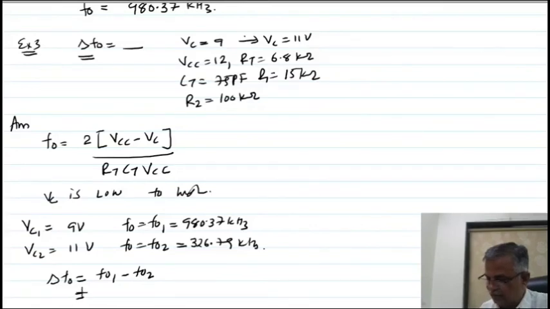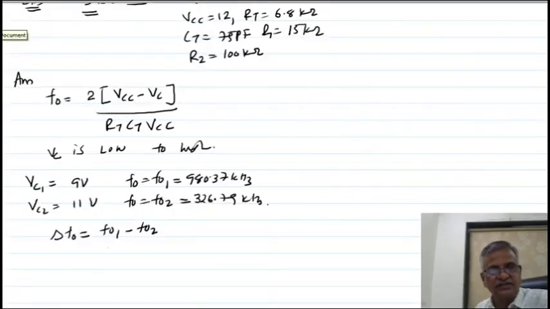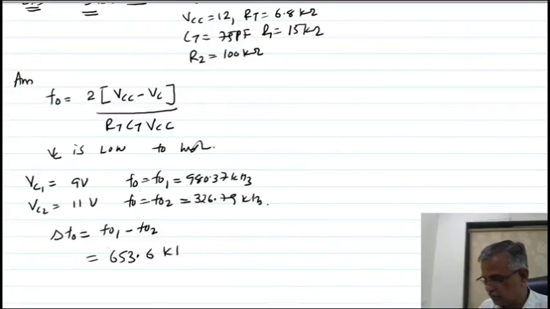As the VC, modulating voltage, is changing from 9 volt to 11 volt, change in the frequency of oscillation, delta FO, is nothing but FO1 minus FO2, and it will be approximately 653.6 kilohertz.